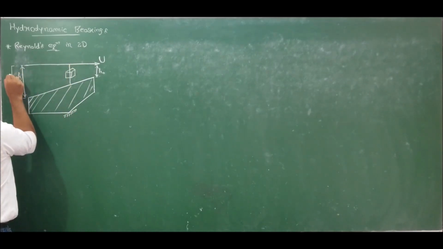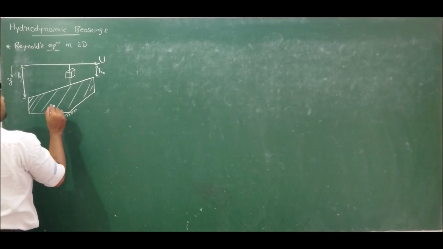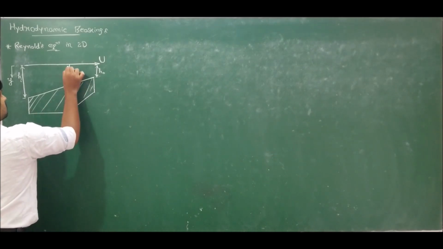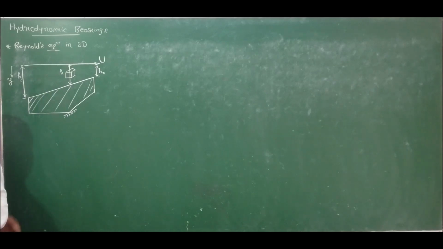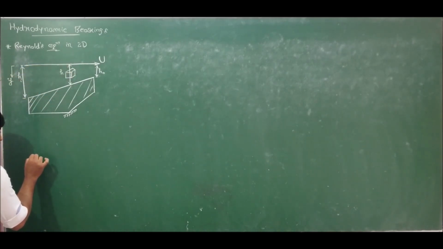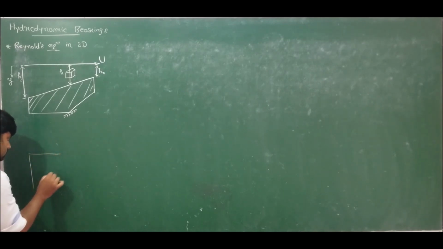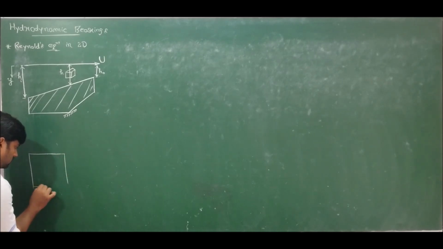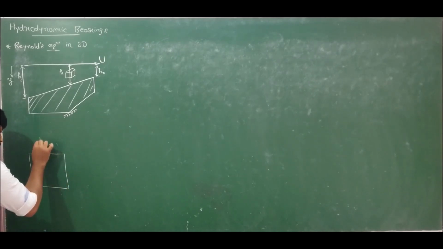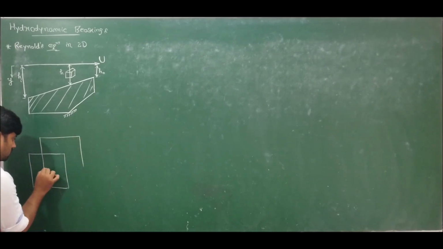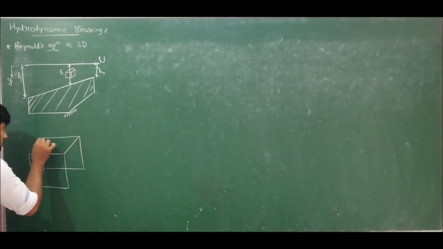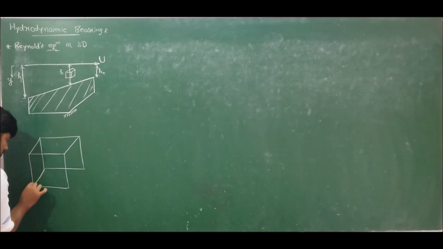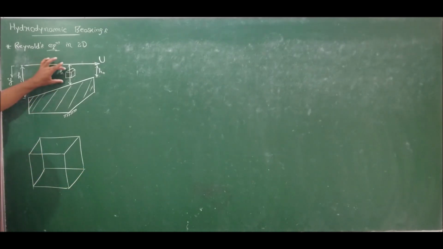Let me measure y in this direction, and this I take as h for the element. Now pick up this small element and analyze. I can take the cubical element like this. So I took this element here.